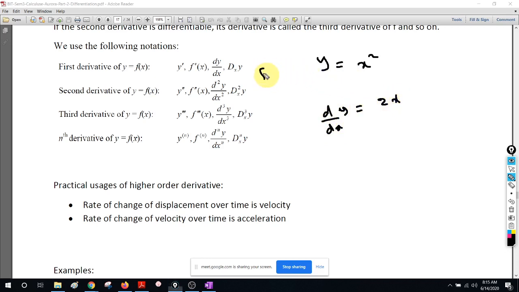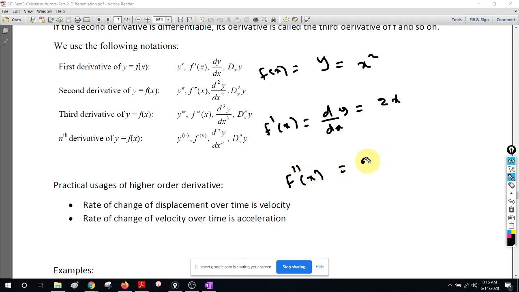If it is f of x, this is f dash x. So this is your function, and this is the rate of change of it. Now if I want to find the rate of change of the rate of change, I can differentiate again. We call it f double dash x.